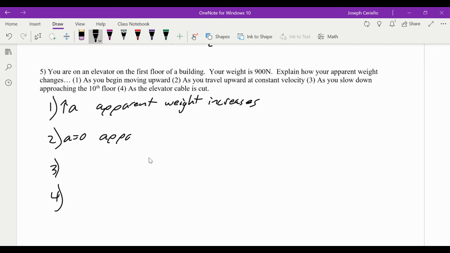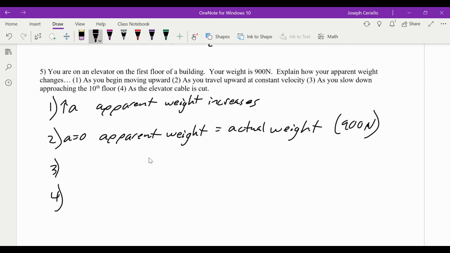So apparent weight equals your actual weight, which is 900 newtons. Here, your apparent weight would increase, so it would be greater than 900 newtons.